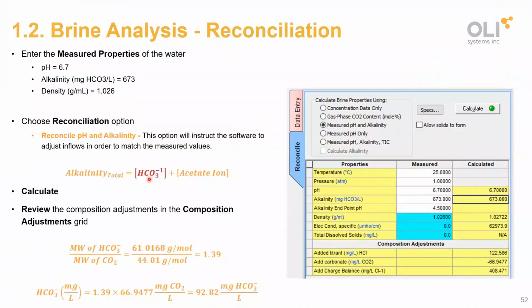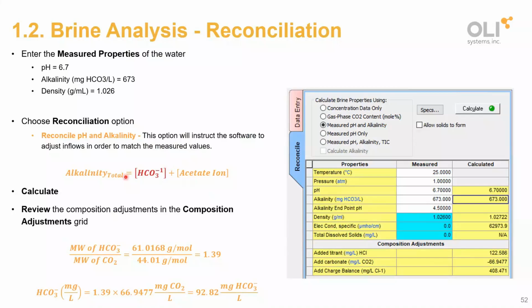So what did the software do here? We already knew the alkalinity value, right? That was 673 milligrams per liter. The software also knows the acetate ion. So what the software now did is that based on the alkalinity value and based on the acetate ion concentration, it could now back calculate the amount of bicarbonate in the solution.